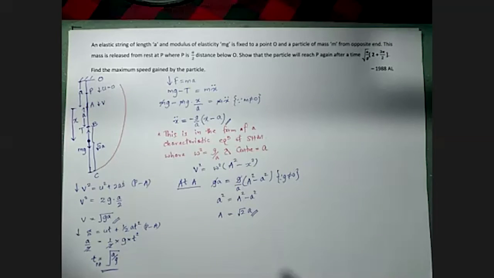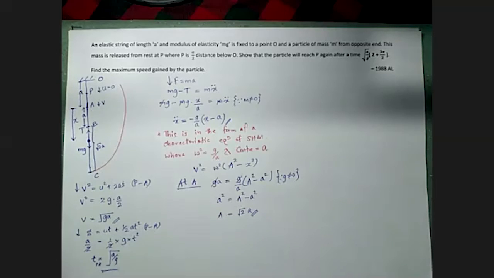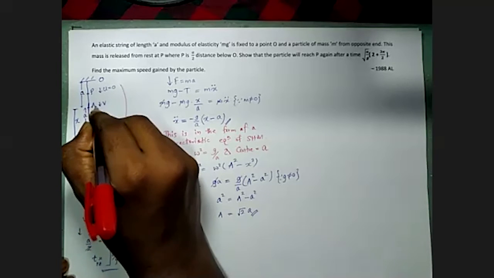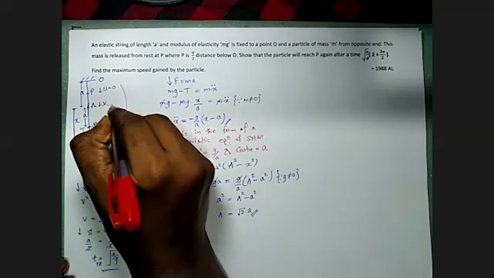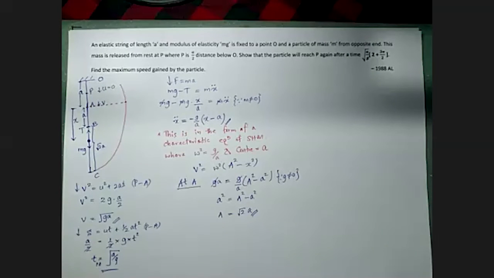String is going to become slack. After point A, particle is again moving under gravity. Therefore, simple harmonic motion exists between capital A and C. Then A is the maximum point where the particle moves under simple harmonic motion.